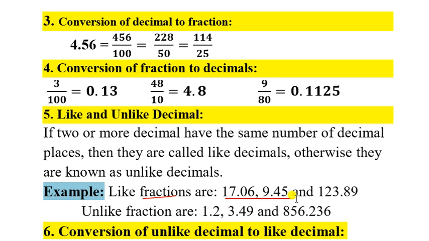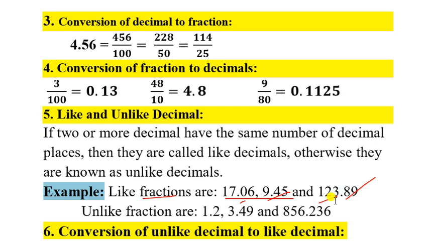Like decimals will be 17.06, 9.45, 123.89. See here, after the decimal point you get the same number of digits, 2, here also 2, here also 2. When decimal numbers have the same number of digits after the decimal point, those are called like decimal numbers, otherwise unlike.